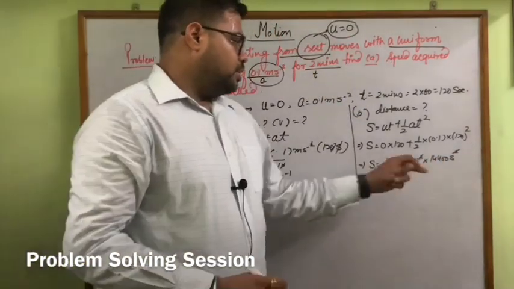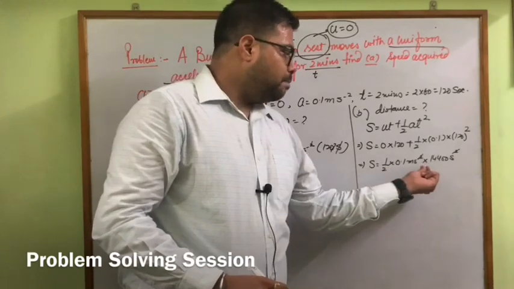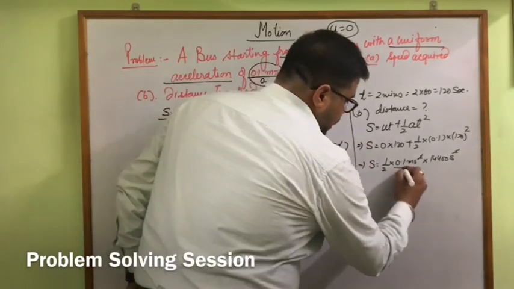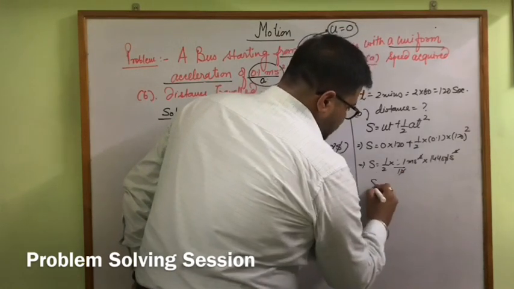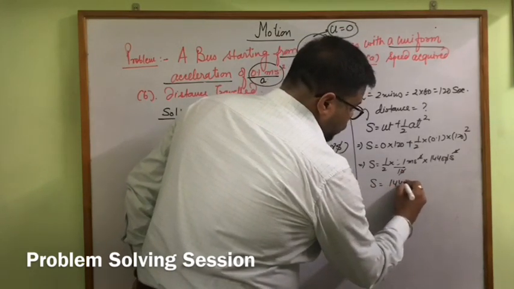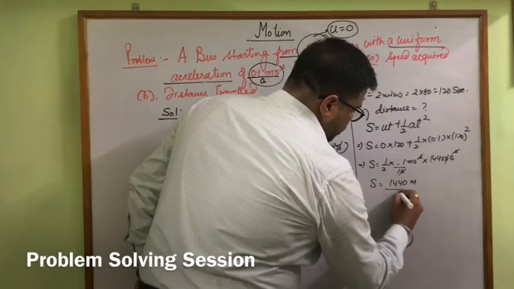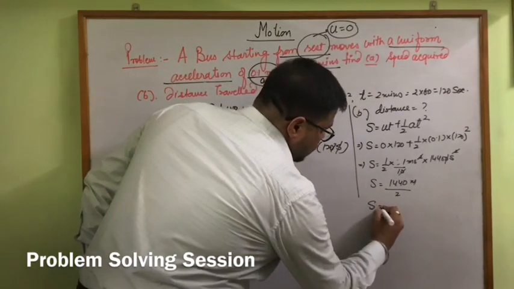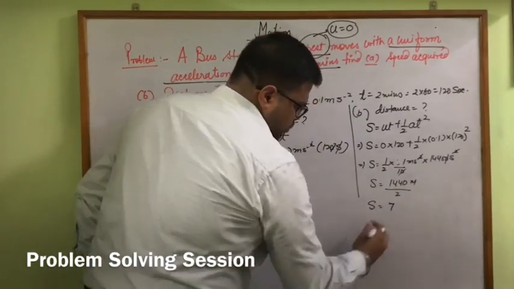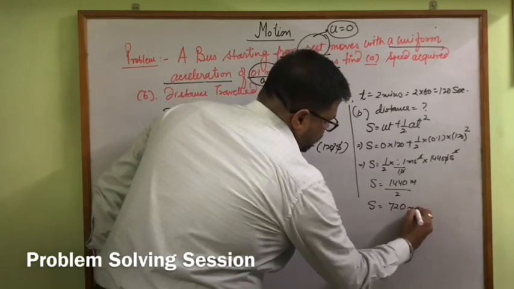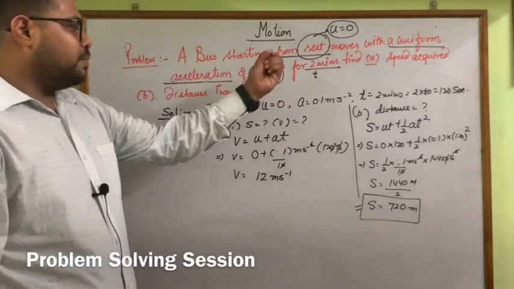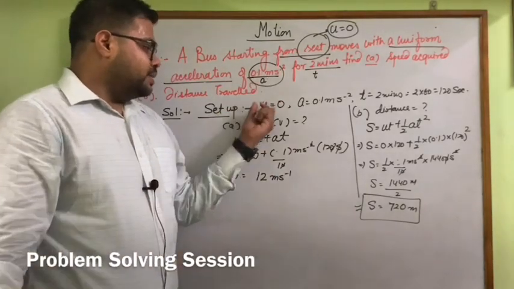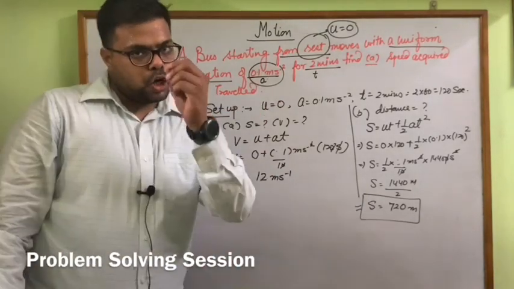See, the distance traveled comes in meters. Now we are going to solve this. So s will be 1440 meter by 2. So the distance will be 720 meter. So this is the second answer, means according to that particular data our particle travels the distance 720 meter.